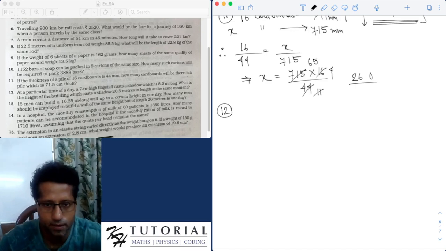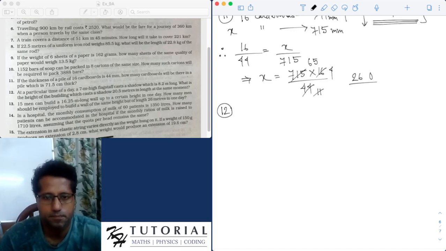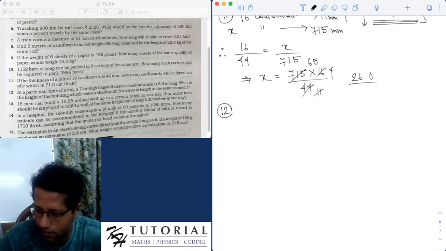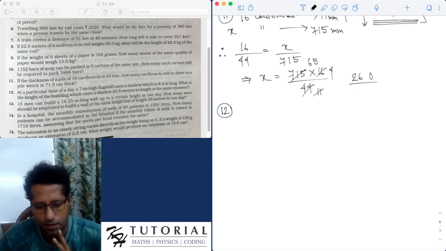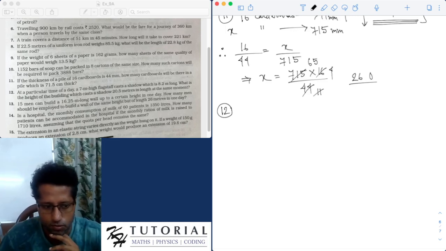So we know that the height of any object and the length of its shadow that is casted by the sunlight, the ratio is same. The ratio of the height and the length of the shadow is same for all objects during a specific time in the day.